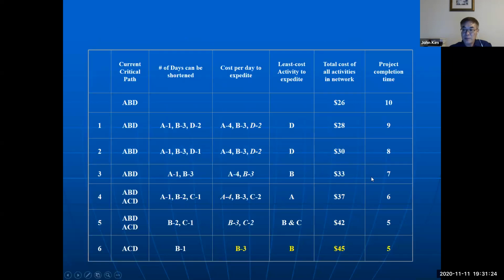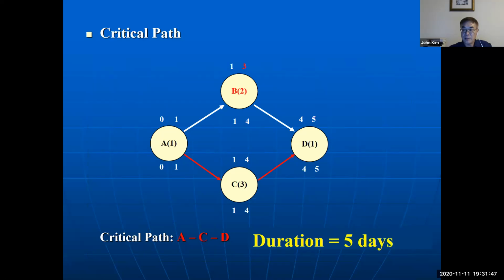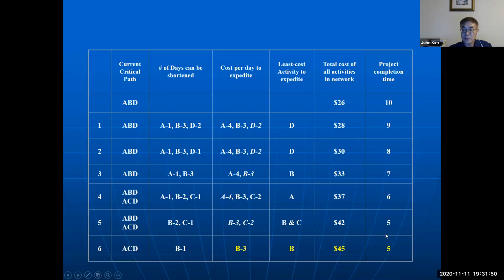Step by step, we use more resources on D, D, B, A, and so on. Later, even if we use more resources, there is no change in time. In that case, we just stop there, and the duration is 5 days. We call this crashing: using more resources to make the time shorter.